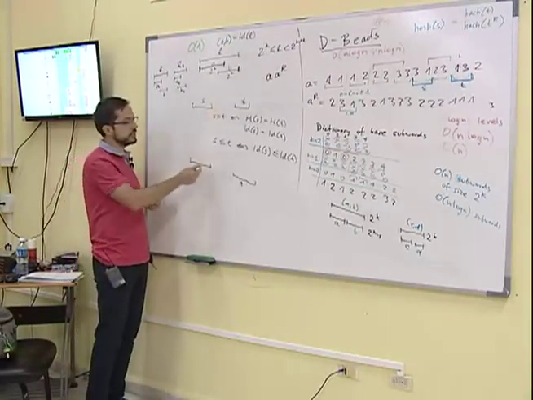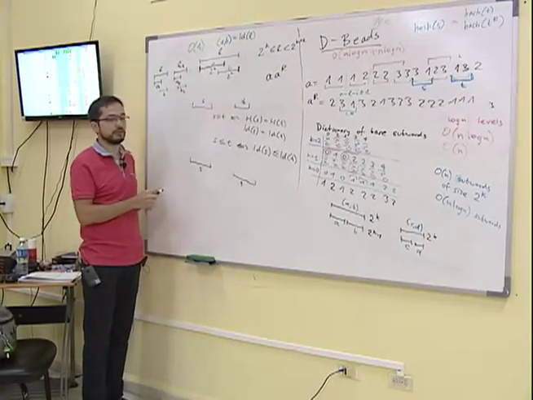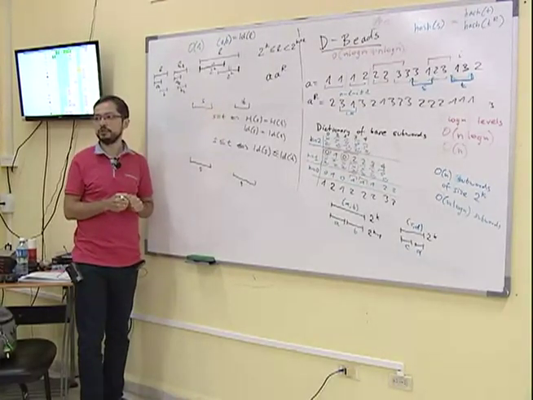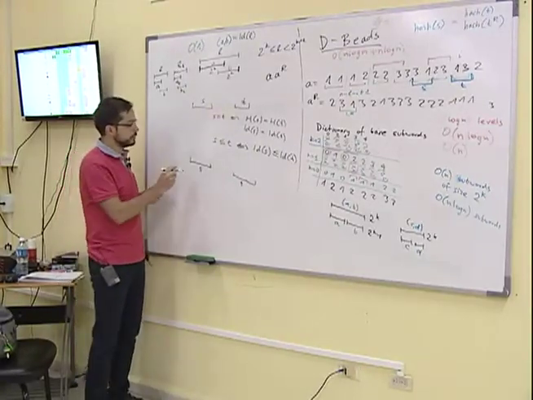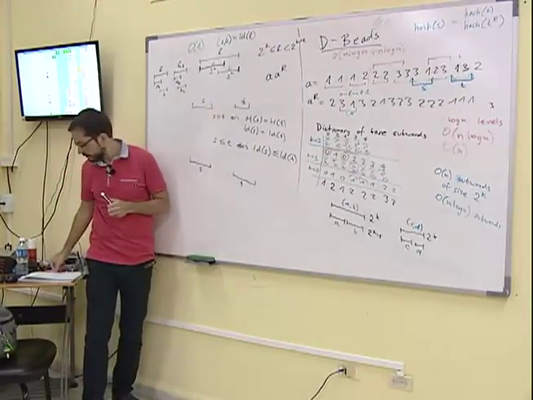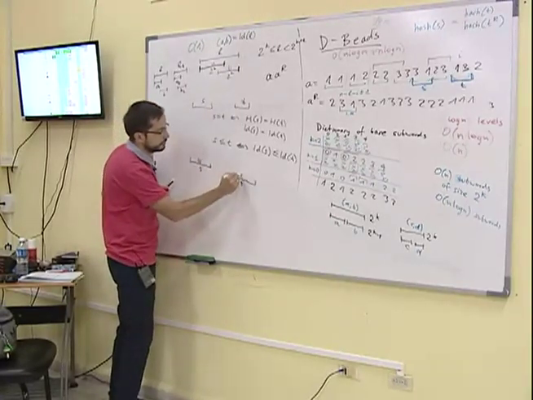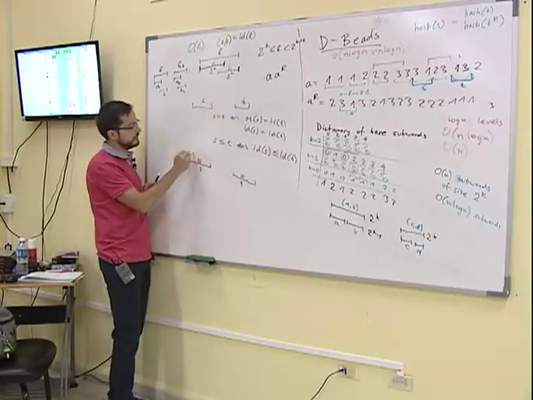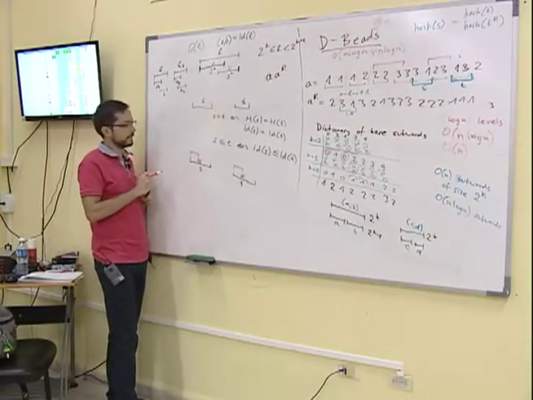But if the hashes are different, you can binary search for the first place in which these two words are different. So basically, you will binary search for the place in such a way that this hash and this hash are the same.